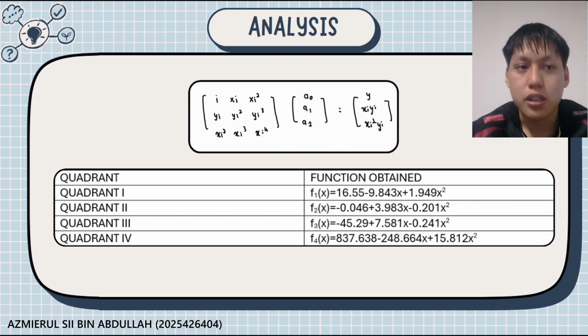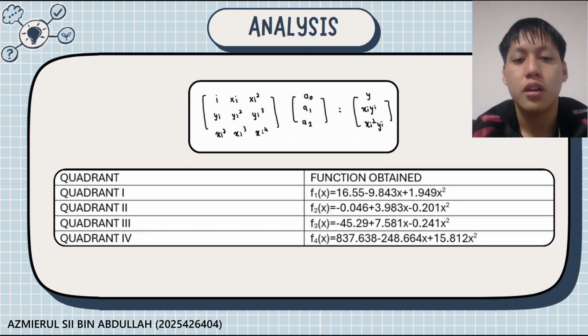The other ones, like sum of xi squared, xi cubed, and xi to the power of 4, are the sums of x where we raise it to the power of 2, 3, or 4. And the picture below is the table where we obtain the function for each quadrant.